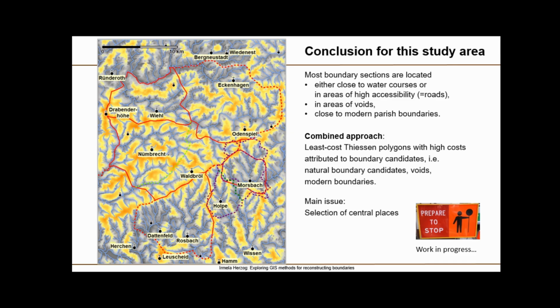But I found that the central places mostly are not very central. The central places are mostly not found close to the center of the boundaries that I have here, and therefore I think this doesn't work.